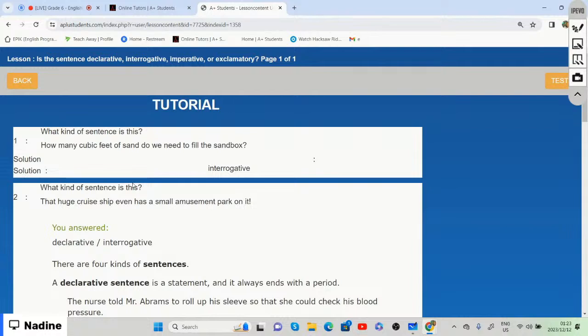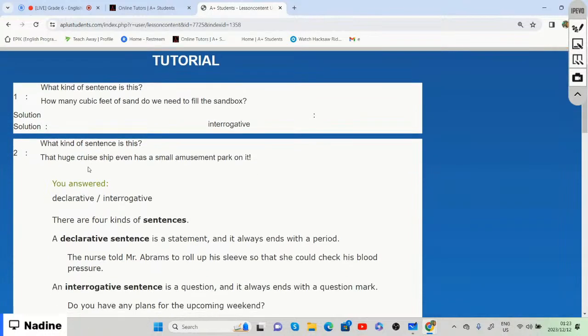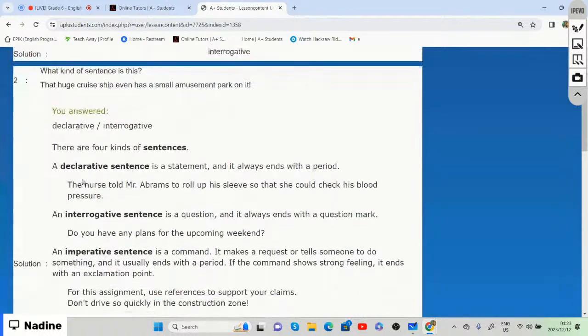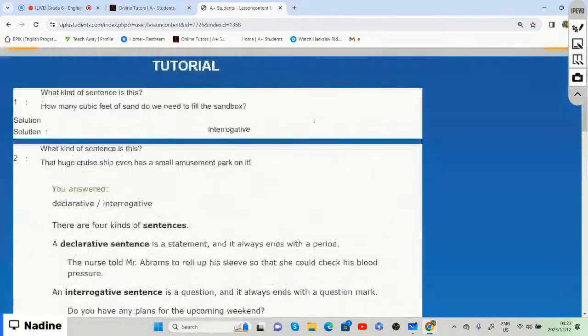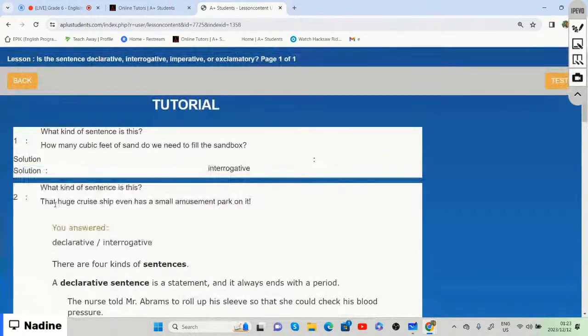We went through a whole breakdown of the four kinds of sentences. We started with a declarative sentence, then an imperative sentence, an interrogative sentence, and then an exclamatory sentence.